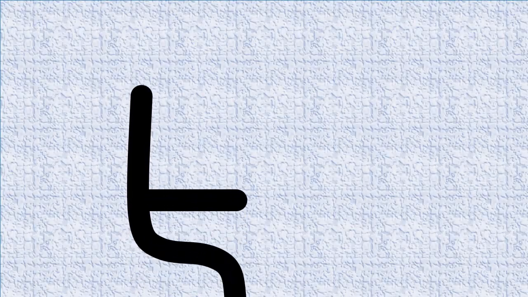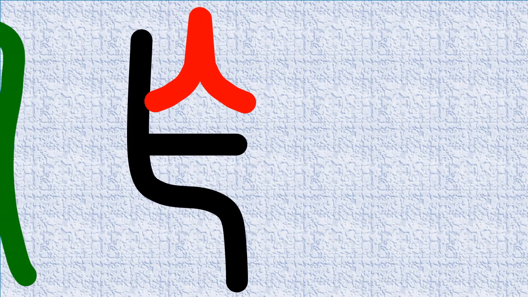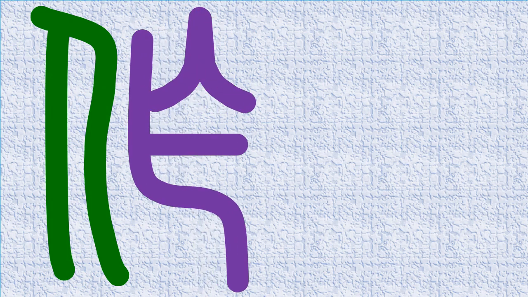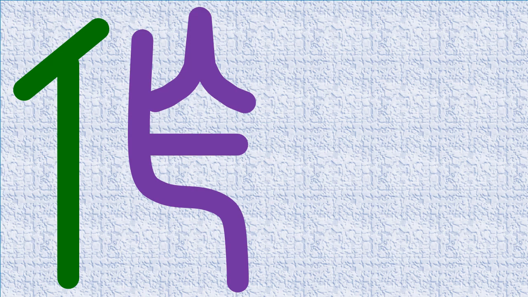For the 9th character in this lesson, we have the person radical paired with today's phonetic, the combination of which is pronounced fourth tone, 做, 做.